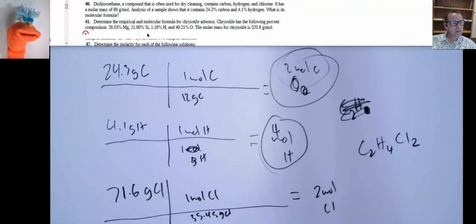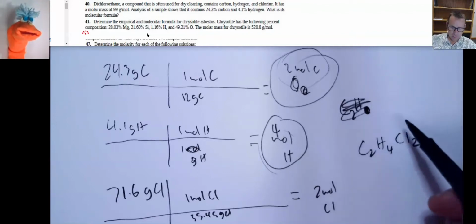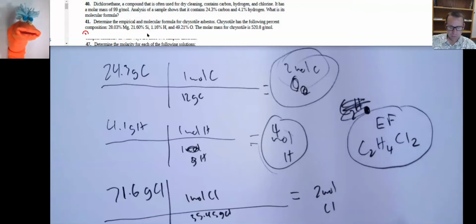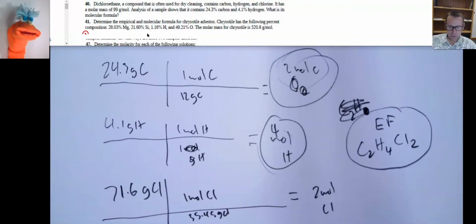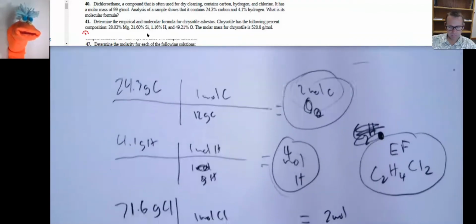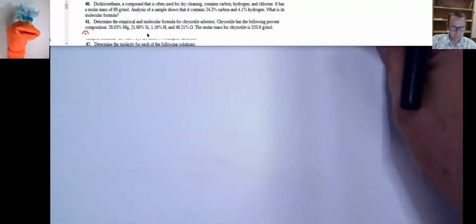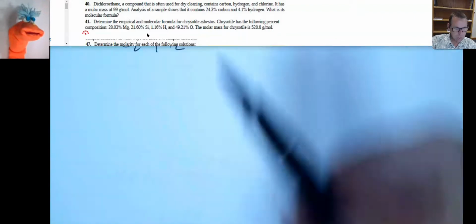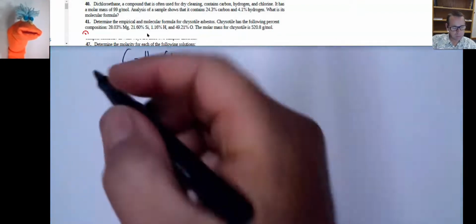What's the name of the compound? Dichloroethane. Dichloro sounds like 2 chlorines, huh? Let's see, what is the molecular formula? Now that is the empirical formula for sure, and now we want to see if it's also what the molecular formula for the compound might be. C2H4Cl2.